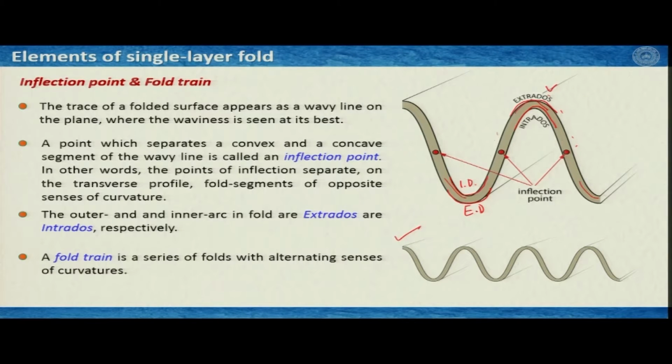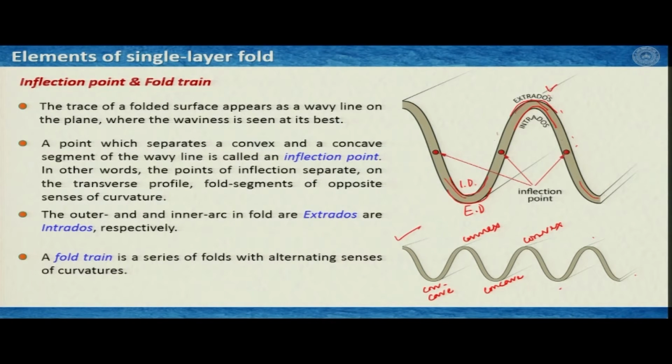So, a fold train is a series of folds with alternating senses of curvature. Here it is concave, here it is convex, here it is again concave, here it is convex, and so on. When this alternation happens, we call it a fold train in a single layer fold.